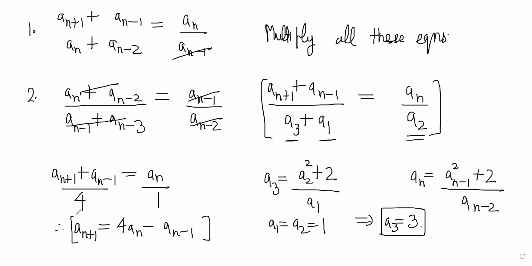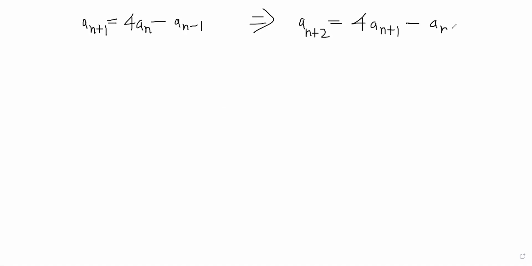This is the equation we have right now. So let's simplify this equation and make it look like our general recurrence. So every n I'm replacing with n plus 1, right? I have this equation, a_{n+1} = 4a_n - a_{n-1}. I can replace n with n plus 1. It becomes a_{n+2} = 4a_{n+1} - a_n.